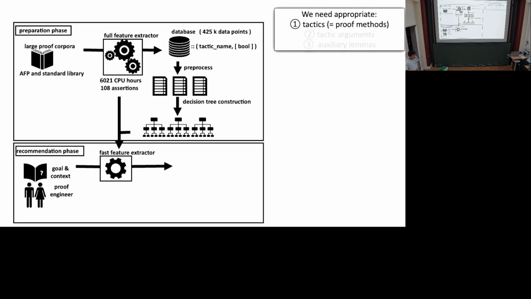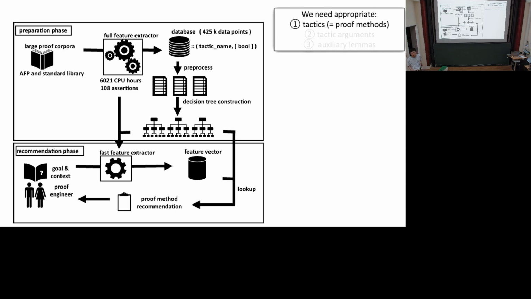And in the user time or recommendation phase, users have their own problem, right? So first we apply the assertions again to transform the complex data structure for the proof goal into a simple Boolean vector, and look up the decision tree and produce recommendations.